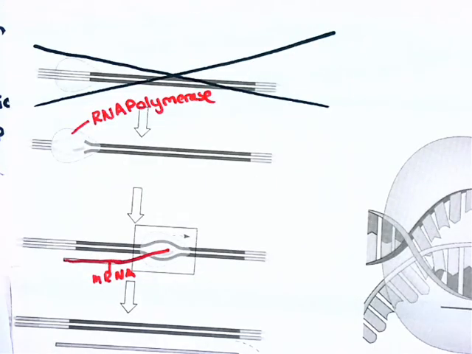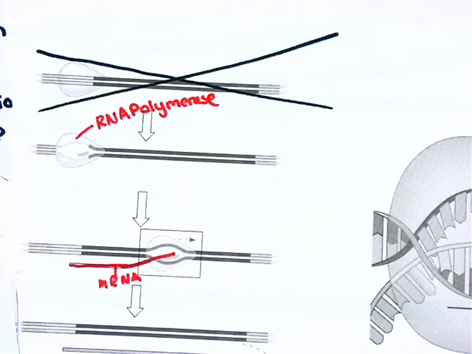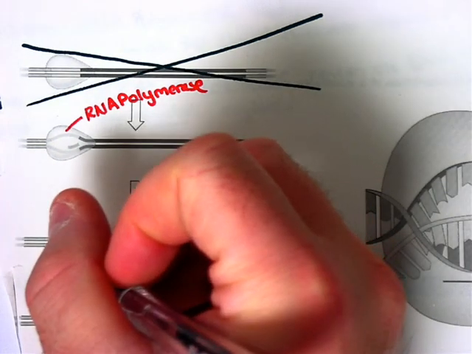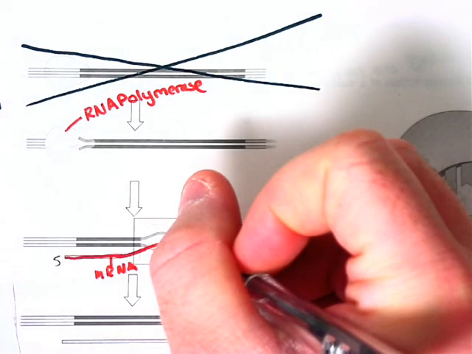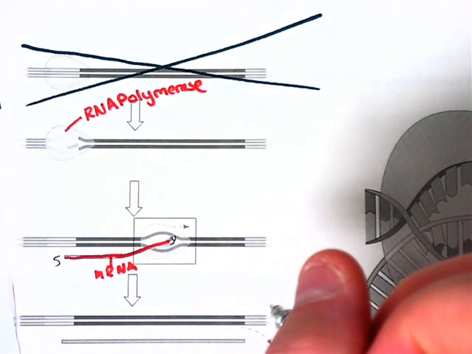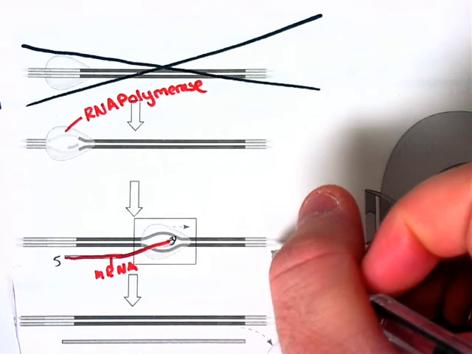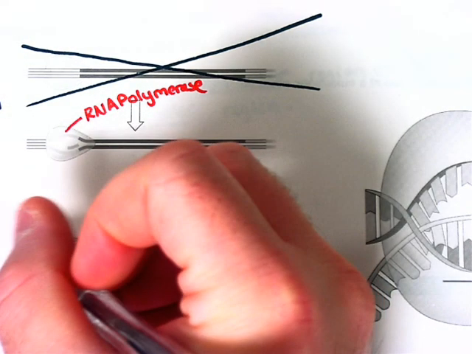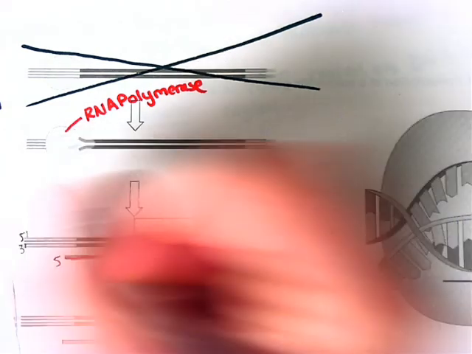Now, if you remember from chapter 16, you can only write nucleotides in which direction? 3 to 5 or 5 to 3? 5 to 3. So, still 5 to 3, just as it's been. That means that this has to be a 5' end and this has to be a 3' end. Okay? And that would mean that the original DNA strand has to be 5' there and 3' there.